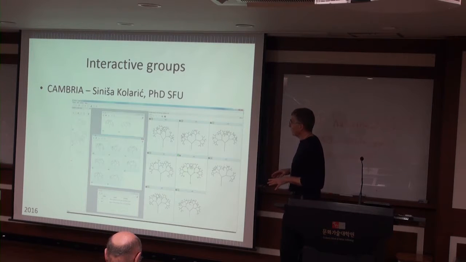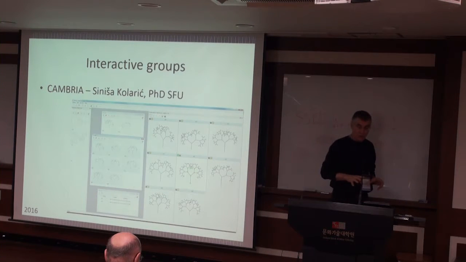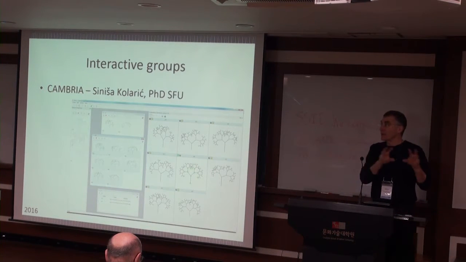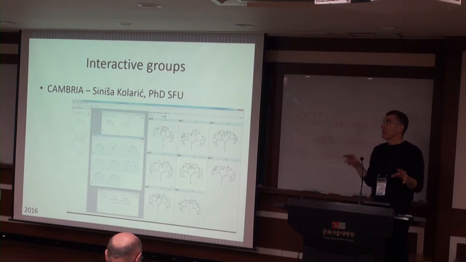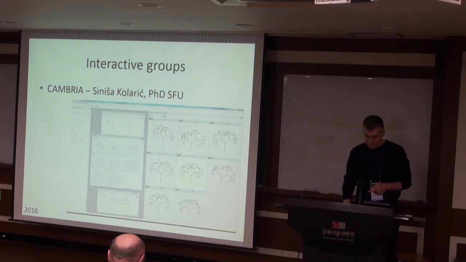Its main contribution is collection handling, so that with Cambridge you can very quickly make collections of related things, parallel edit them, and merge them together as individual designs and as collections.